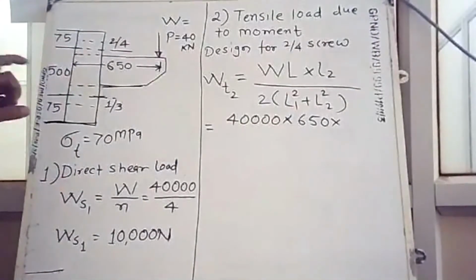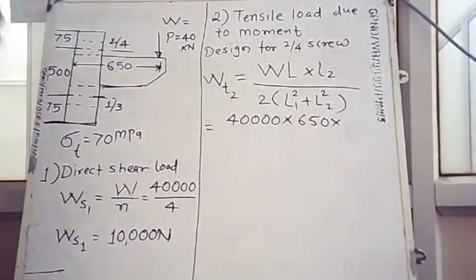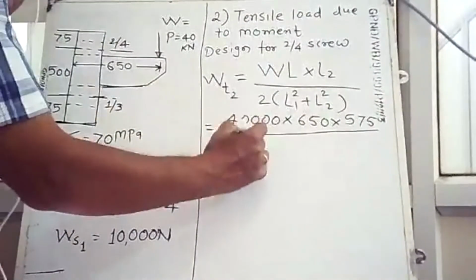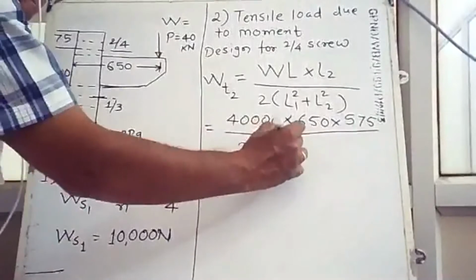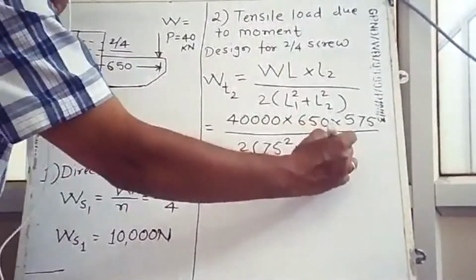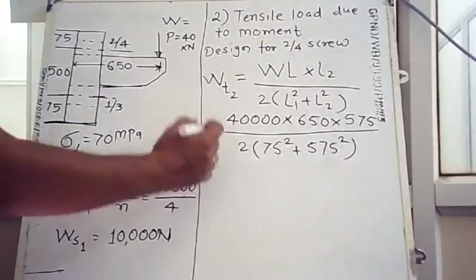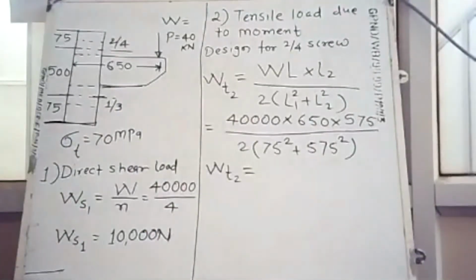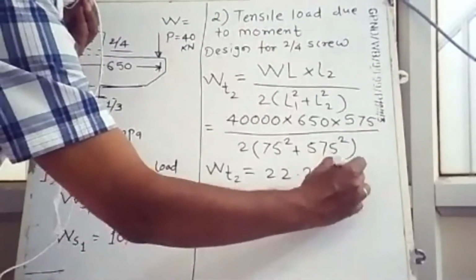Now, this is the second load. So this second load WT2 comes out, if you just find that, then it is 22.23 kilonewtons.